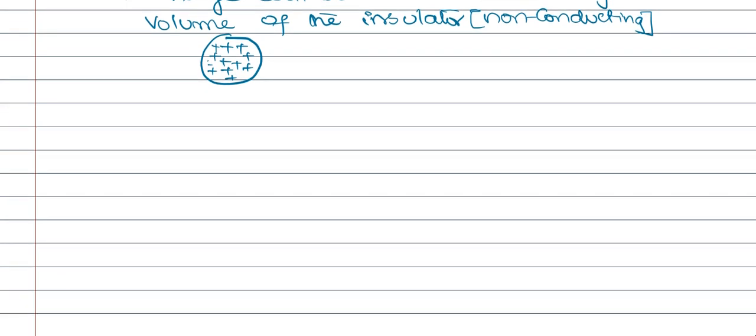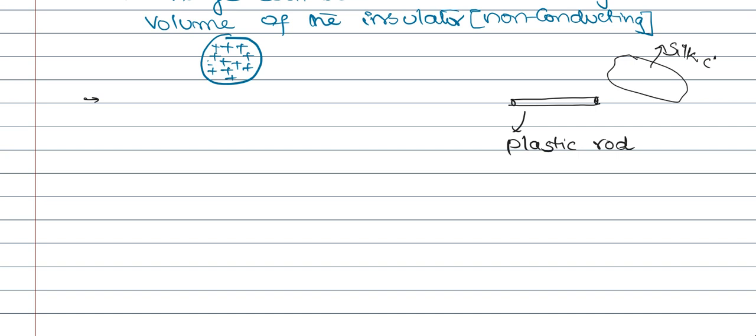So in this method, by friction, we'll come to our actual part of this chapter. Suppose we have a glass rod, a plastic rod, and a silk cloth, any cloth like silk cloth, both are insulators. If we rub the plastic rod with this silk cloth, among these two, one will have greater electron affinity and the other will have less electron affinity.